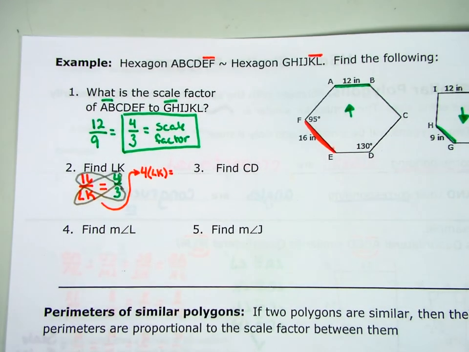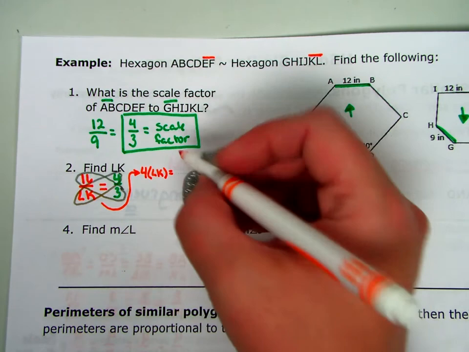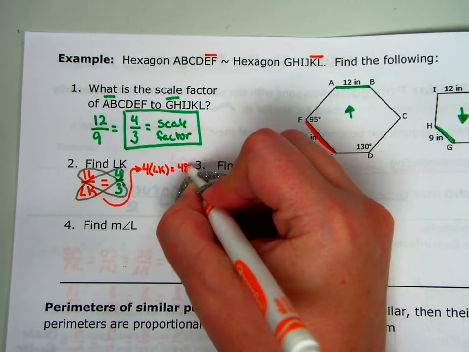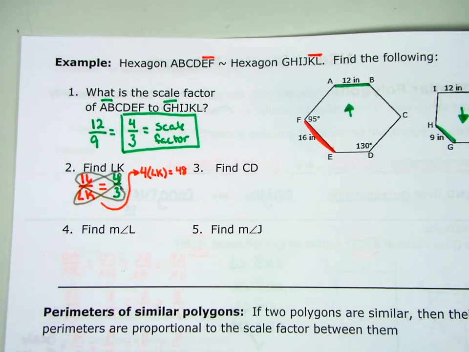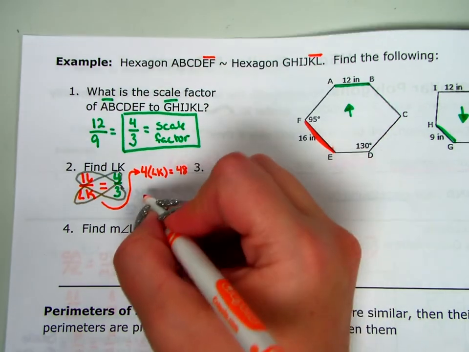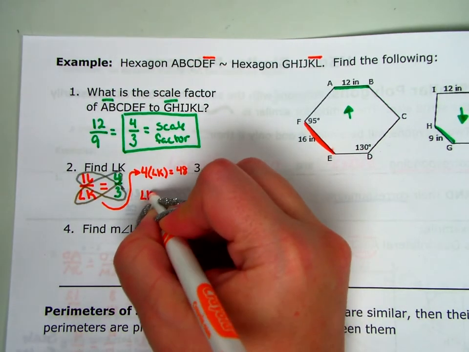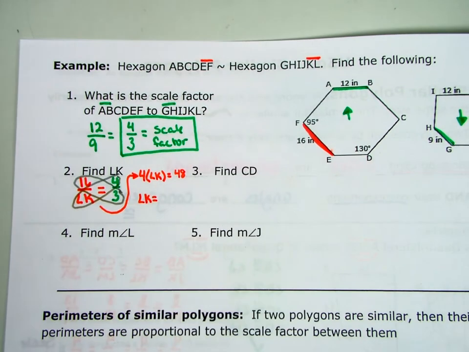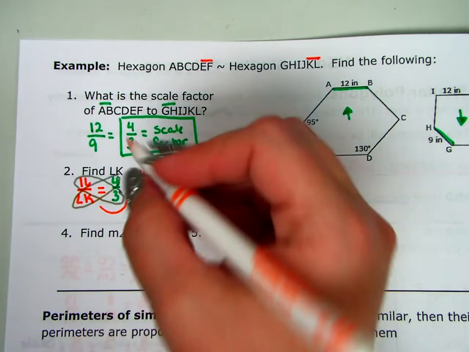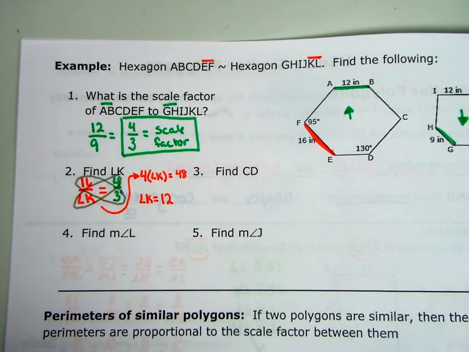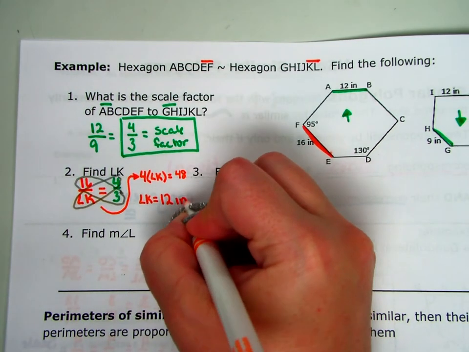What's 16 times 3? 48. All right, and then divide both sides by 4. How big is LK? 48 divided by 4? 12. What are my units? Inches.